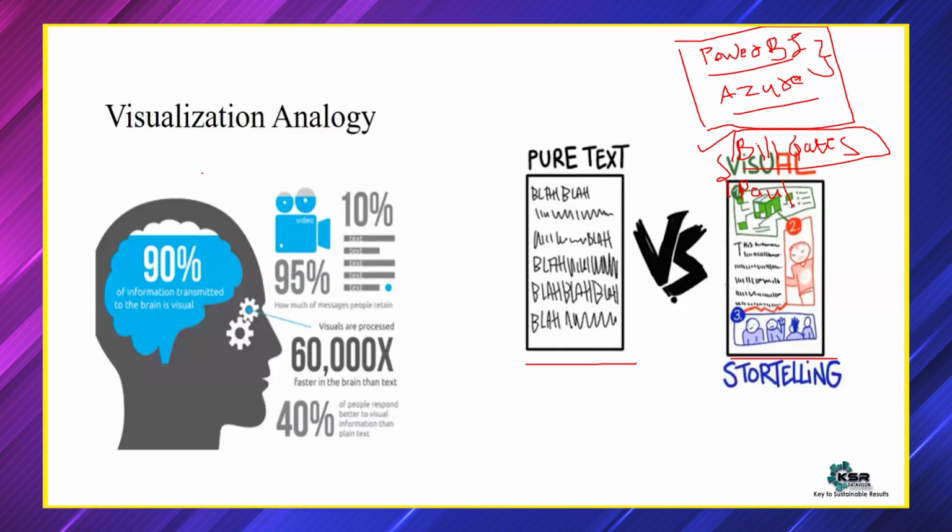Visualization analogy. 90% of the information which you see as a picture is stored in our mind. We never forget that information. Whereas if you're trying to read a text, there is very rare chance you'll remember one of the words or one of the lines after 1 day or 2 days.